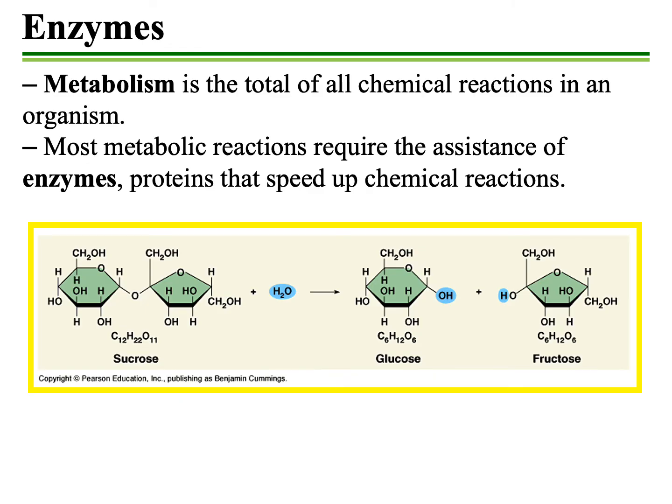So now that we have a good foundational understanding of what's happening in changes in free energy in typical metabolic reactions, what I want to do is talk a little bit about enzymes. So metabolism, as I defined at the beginning of the lecture, is the total amount of reactions that occur within a cell or an organism. Now, most metabolic reactions require the assistance of enzymes, which are catalytic molecules that change the rate of a reaction without being consumed.